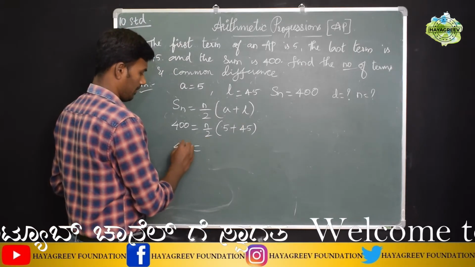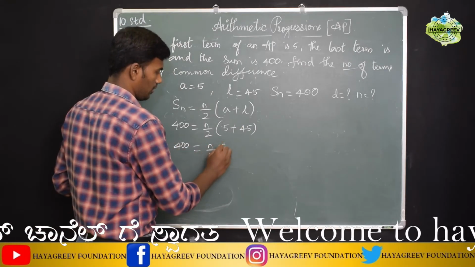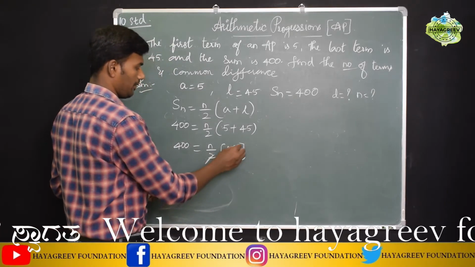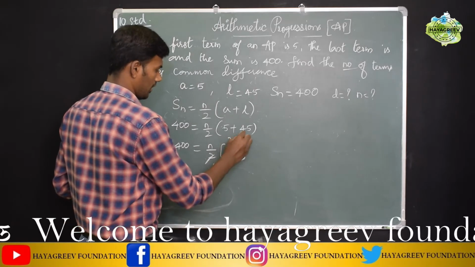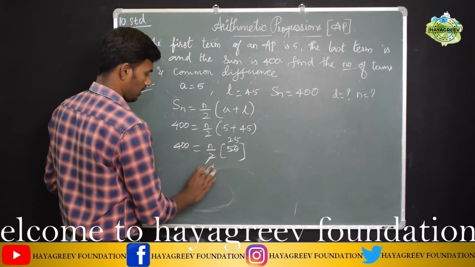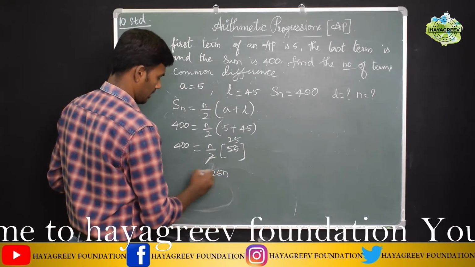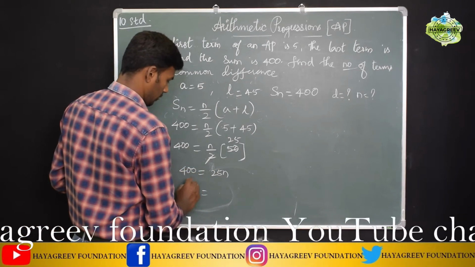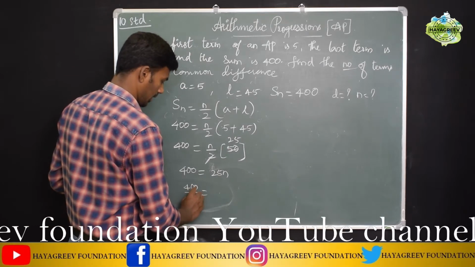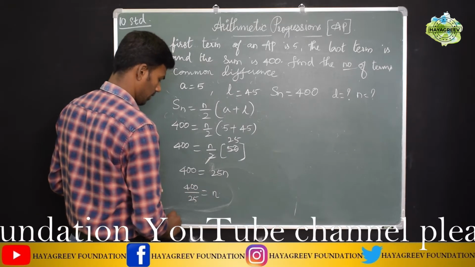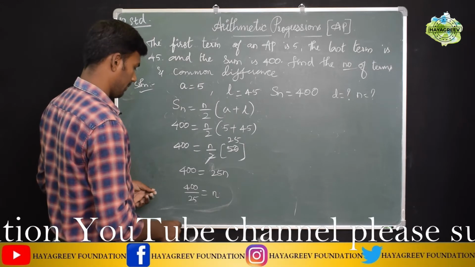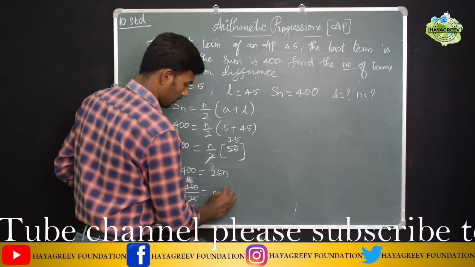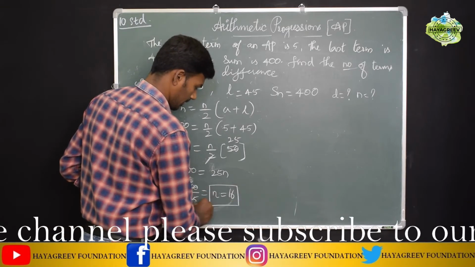Then n by 2 into 5 plus 45 is 50, 2 ones are 2, 25s are 25n is equal to 400. Then n is equal to 400 by 25, which is 16. So n is equal to 16.